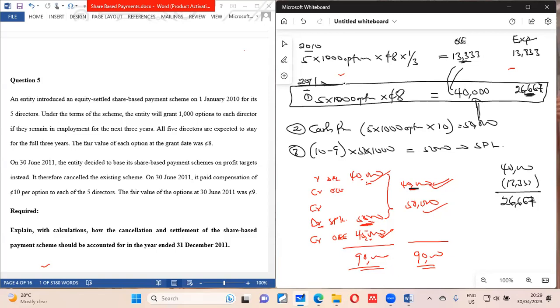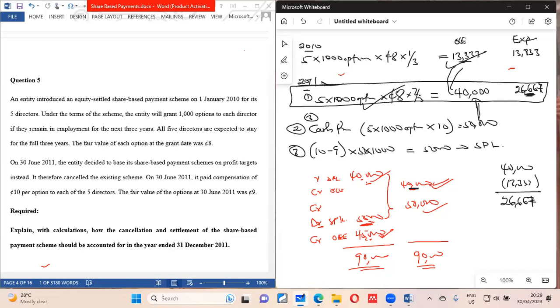Hello, sir. Yes, please. If the cancellation was in the 3rd year, for the 2nd year you do 5 times 1,000, then this one would have been 2/3. So the 2nd year, you do the normal thing. Then the 3rd year, you cancel it. When you cancel it, you have to deduct the 2 years thing that you've done back.